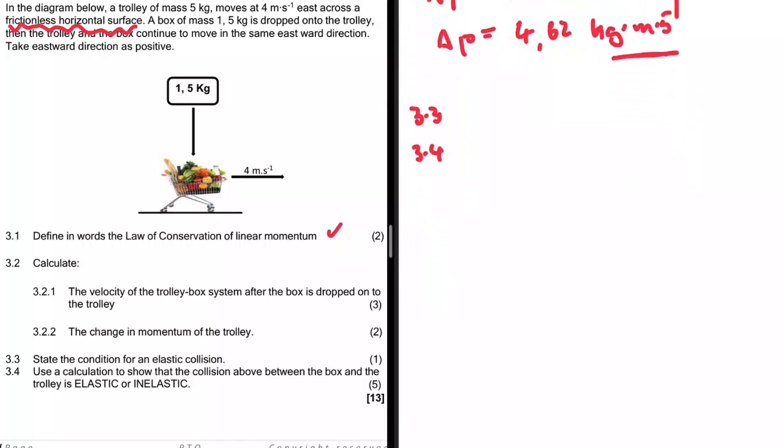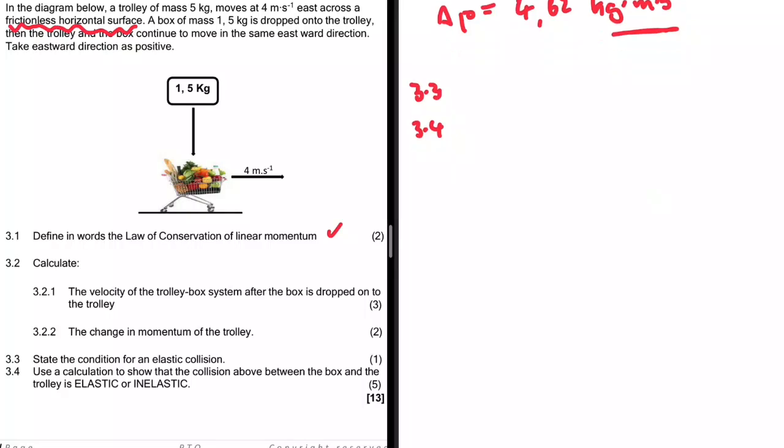But we cannot start by saying EK before is equal to EK after. The question cannot say show that x is equal to 2 and then you start by saying x is equal to 2, therefore blah blah blah. That doesn't make any sense. So we need to calculate EK before separately, calculate EK after separately, and see if they're equal to each other. So let's do that. EK before, the sum: half mv squared for the box plus half mv squared for the trolley.